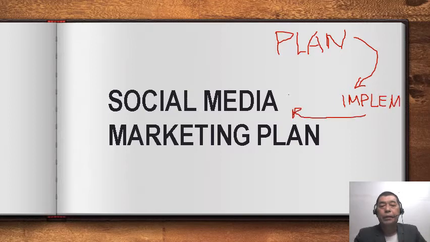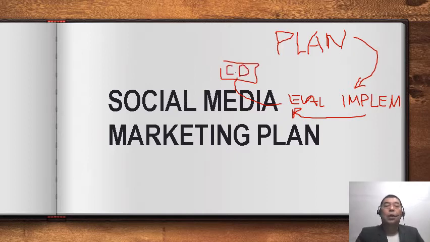There is the process of evaluation. And then after the evaluation comes the continuous development stage. This is what we call areas of improvement. What are the things that need to be developed and improved based on the original plan? So this is the cycle.